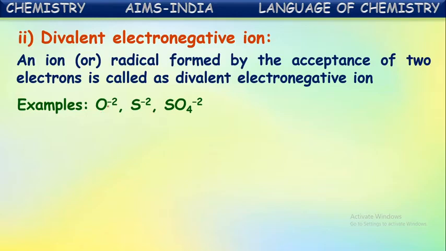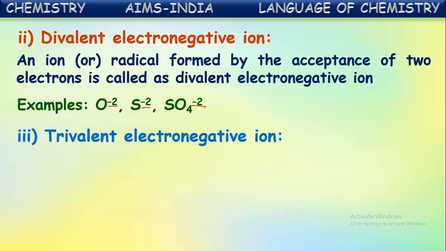If you observe, these have 2 units negative charge. How do they get these 2 units negative charge? By accepting 2 electrons. So these are ions formed by the acceptance of 2 electrons, and hence they get minus 2 charge. So they are called divalent electronegative ions or divalent anions.